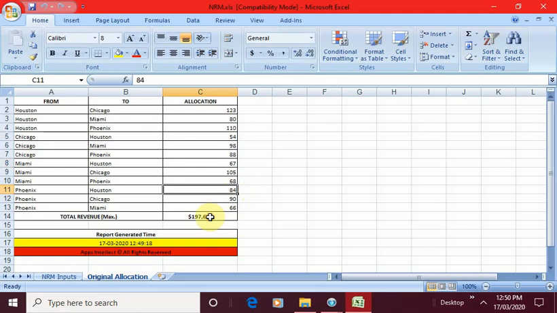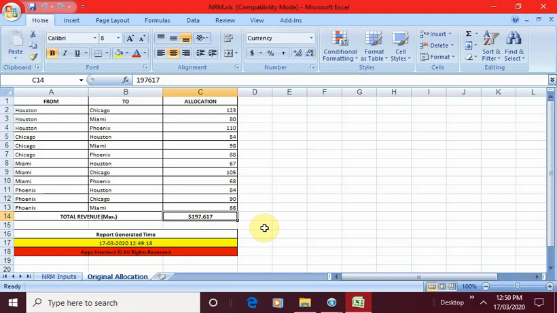Total revenue for this was 197,617. Let's assume that this particular allocation, the same fare structure and the same demand, is there over a year, say for weekdays for the whole year. So it would be about 250 days in a year, and there are 3 banks.